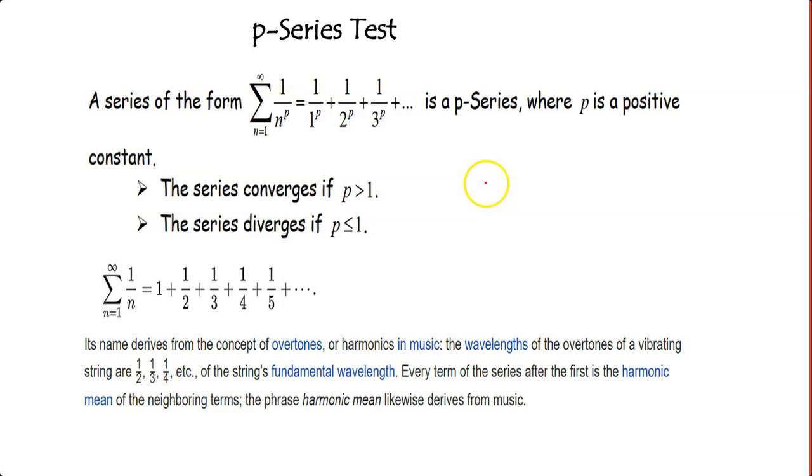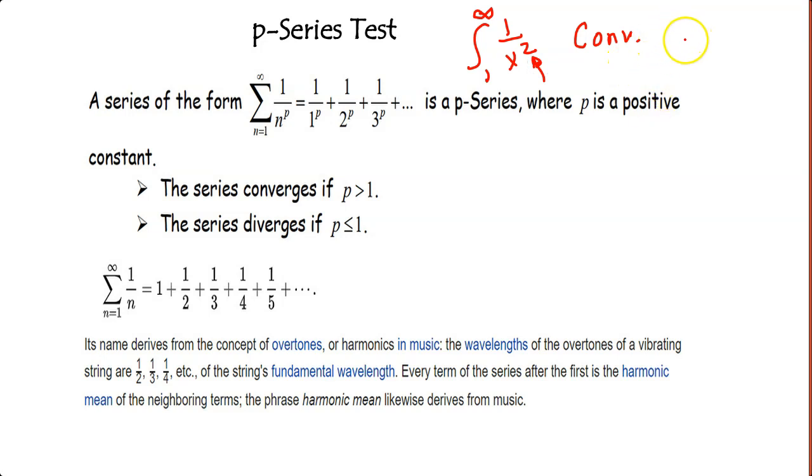Here we have the p-series test, very similar to improper integrals. Back in chapter 8, we had our functions like 1 over x squared going from 1 to infinity. If you recall, we said that this would converge because my exponent here was greater than 1.